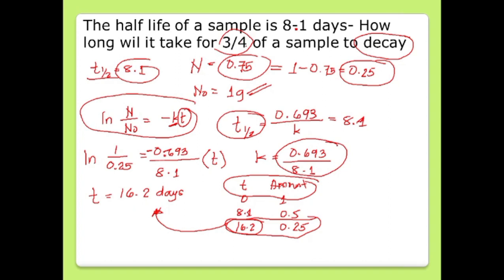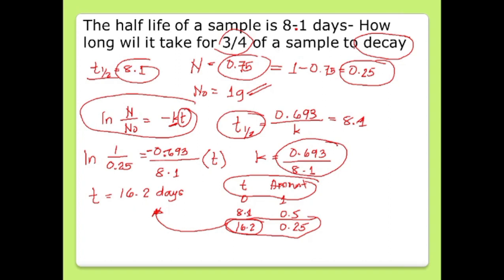Kapag ang sinabi dito is, how long will it take for our sample to become 3/4? Kapag yun ang sinabi, edi ibig sabihin, yung remain natin is 0.75.